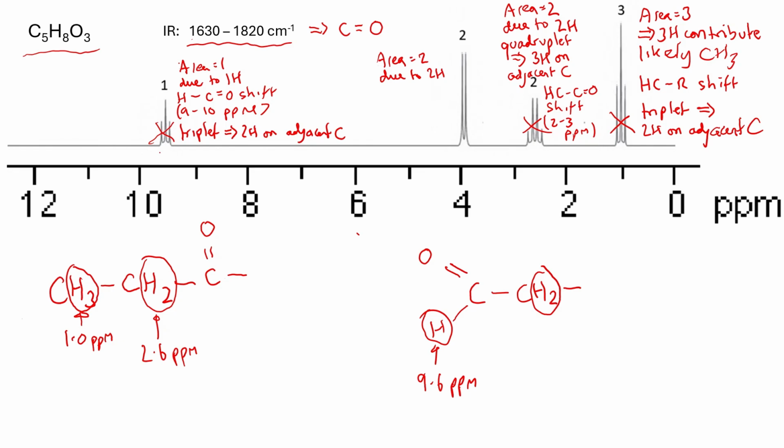It's a doublet, and so it should be, because the next door carbon, this one, has just 1 hydrogen on board. So n plus 1 is equal to 2. So it's a doublet due to 1 hydrogen on an adjacent carbon.